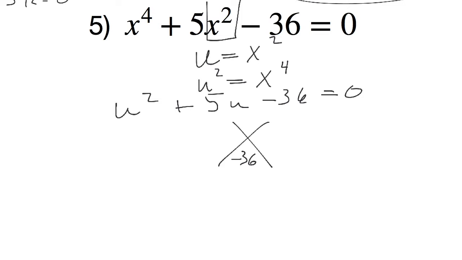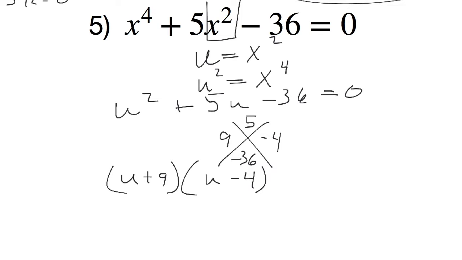When you factor this, you have to ask yourself what two numbers multiply to negative 36 and add up to 5. That's positive 9 and negative 4. So u plus 9 times u minus 4 is equal to 0.